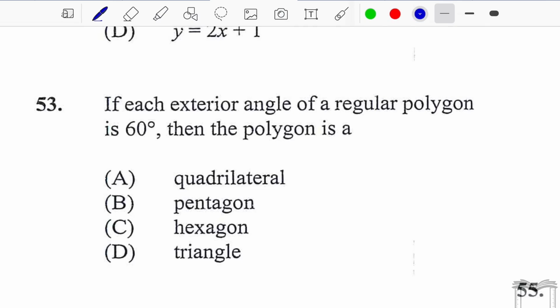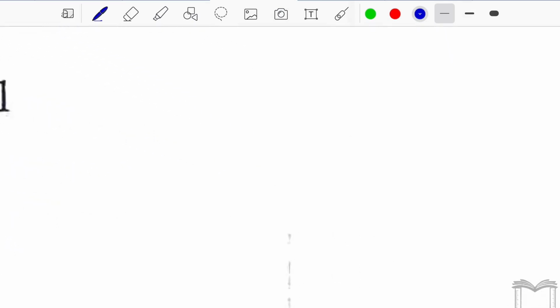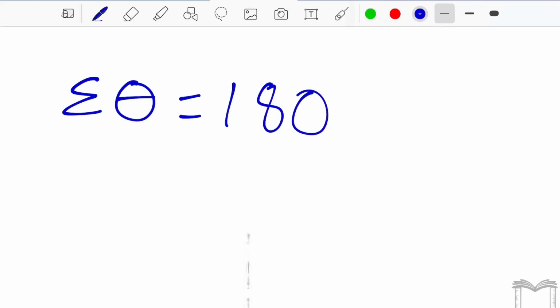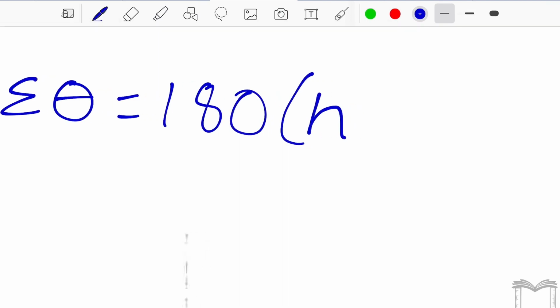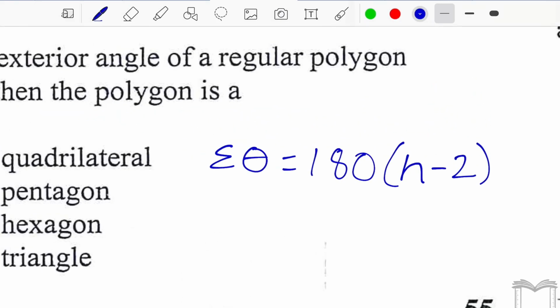Number 53. If each exterior angle of a regular polygon is 60 degrees, then the polygon is a... So there's a formula that we can use to help us. The formula is the sum of the angles in a polygon is equal to 180 degrees multiplied by n, which is the number of sides in the polygon, minus 2.